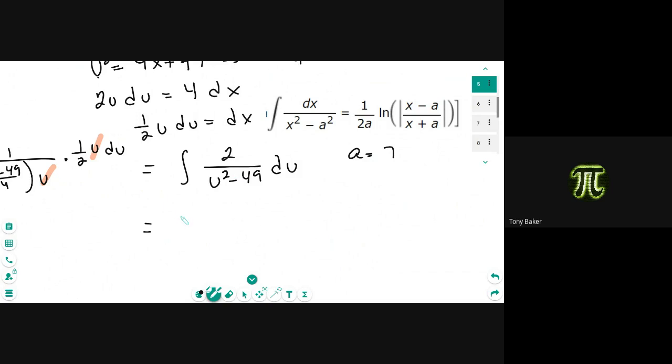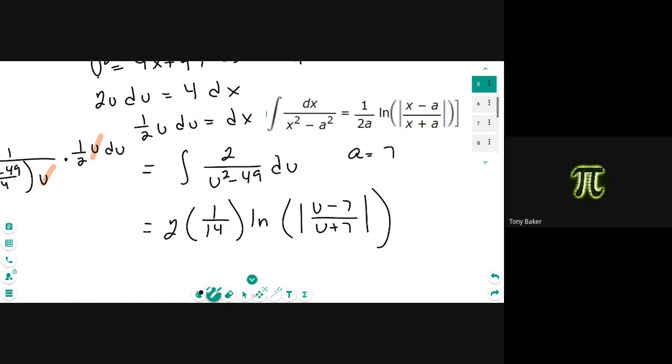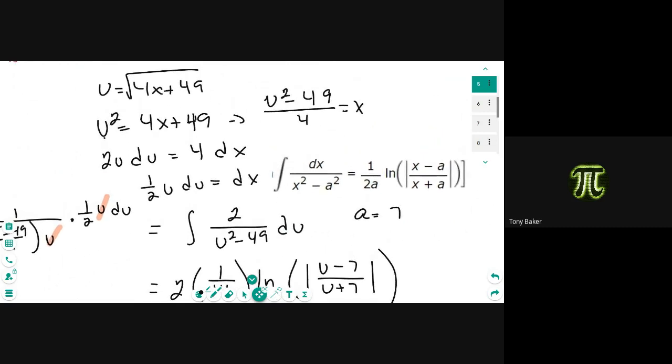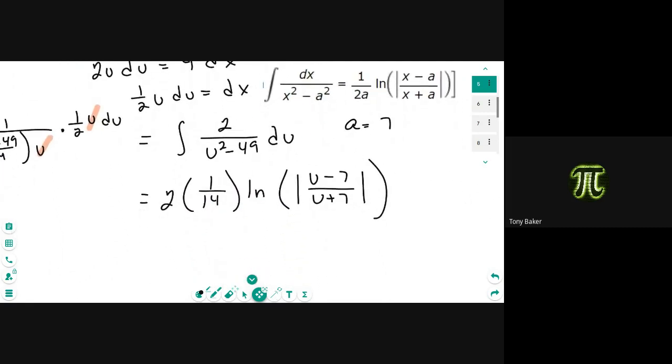So we have 2, because the 2's out in front, times 1 over 14, ln of u minus 7 over u plus 7. And remember, u was the square root of 4x plus 49.